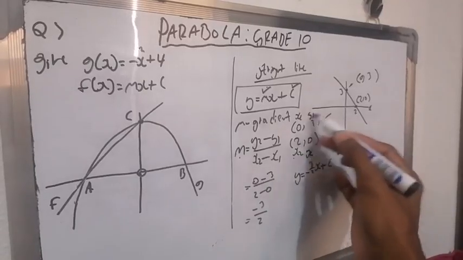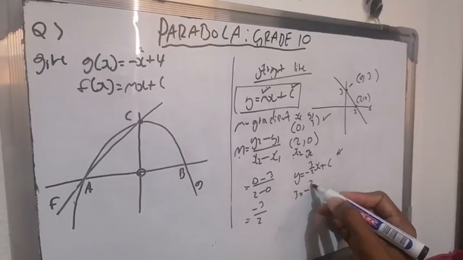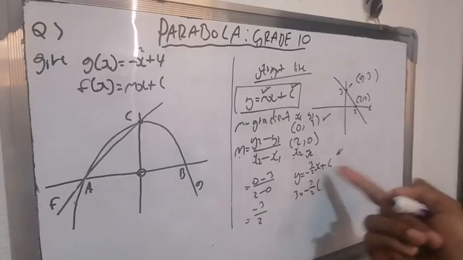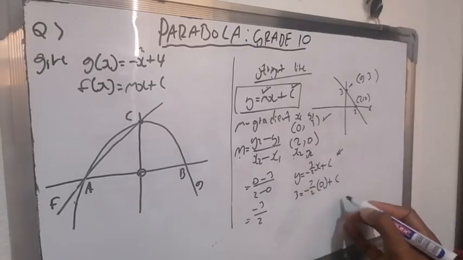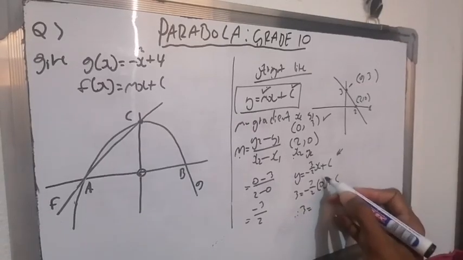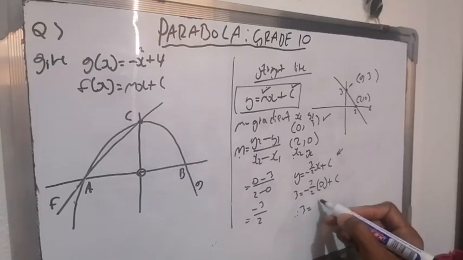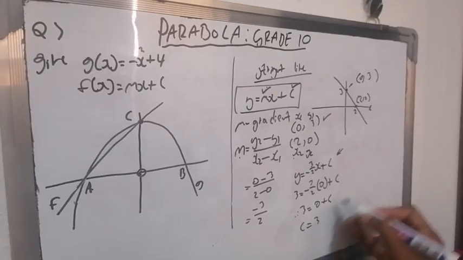What is your y here? Well, your y is 3 on that coordinate. You have negative 3 over 2. What is your x? Well, your x is 0 and then plus c. Therefore, that means you have 3 this side. Any number multiplied by 0 will be 0 plus c. Therefore, c will be equal to 3.